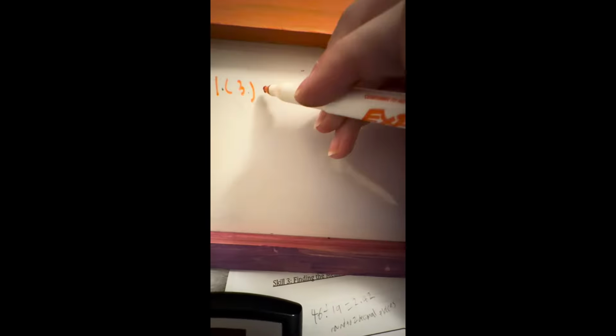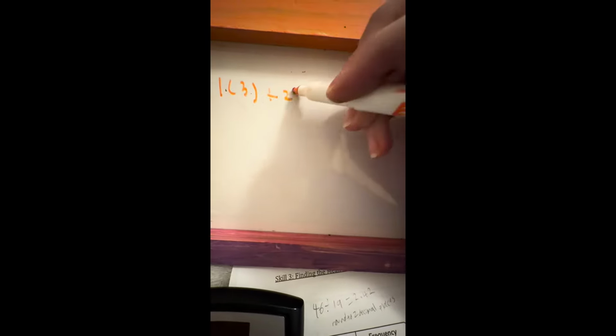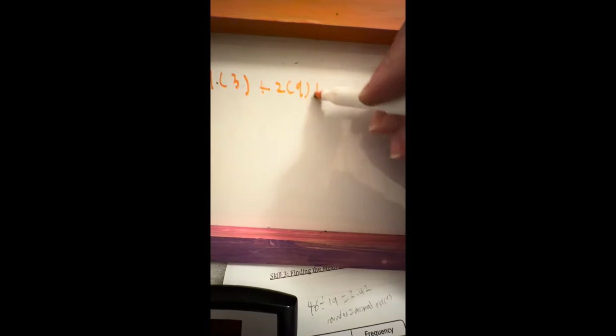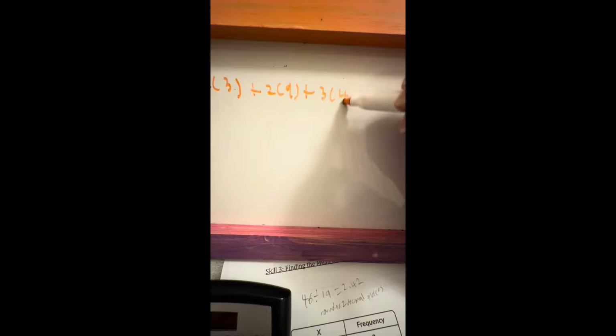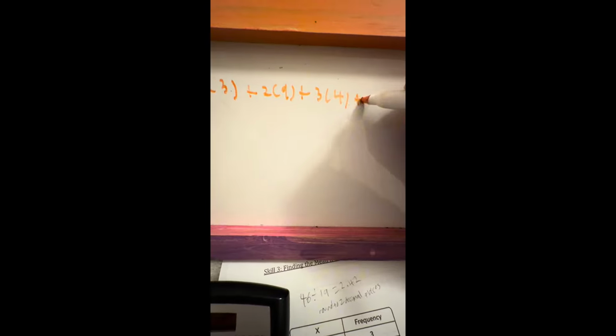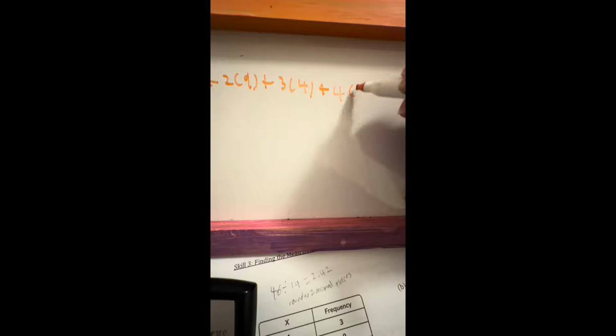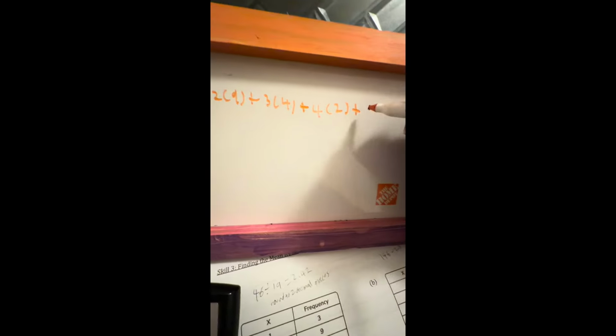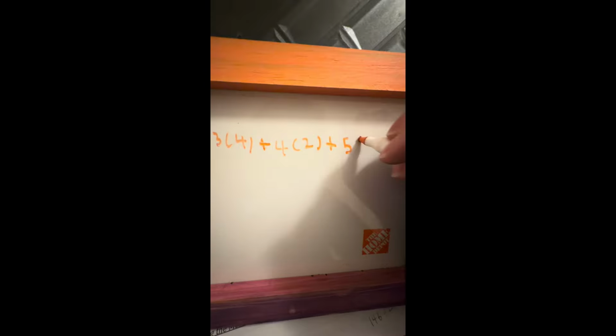I'm going to see if my other marker works better. Okay, so 1 times 3 plus 2 times 9 plus 3 times 4 plus 4 times 2 plus 5. Now, because 5 only happens one time, we don't have to put it times a 1.